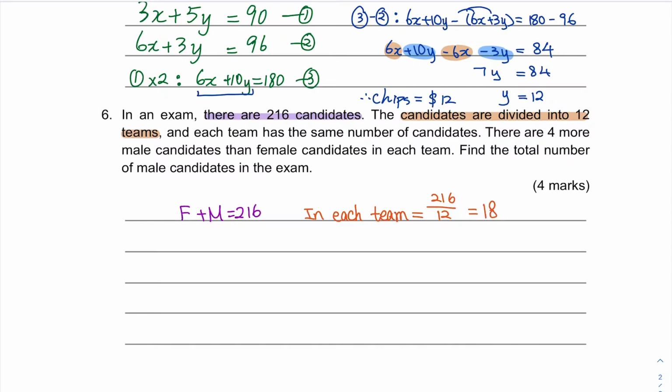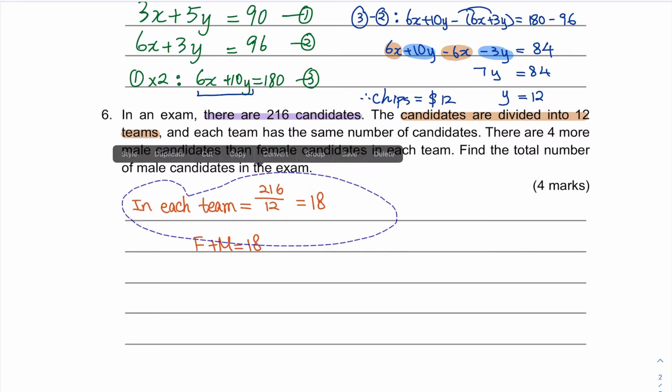So this F plus M should be 18. F plus M should be 18 instead. So what is F and what is M? Now you're doing everything in each team.